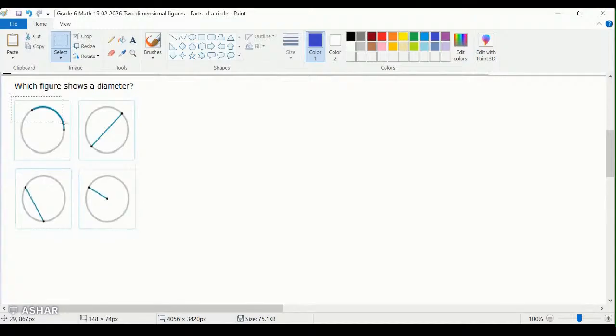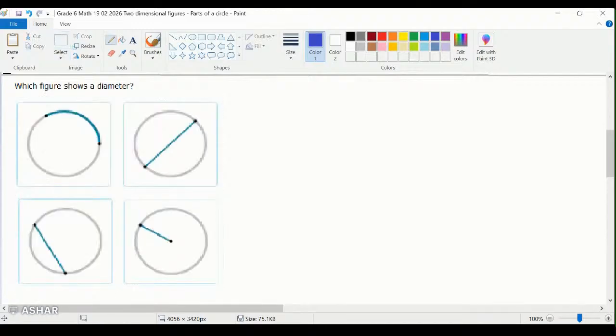And the definition of the diameter is a line that passes through the center and touches the two extreme ends. So this would be our diameter. Agreed? Yeah, central angle.